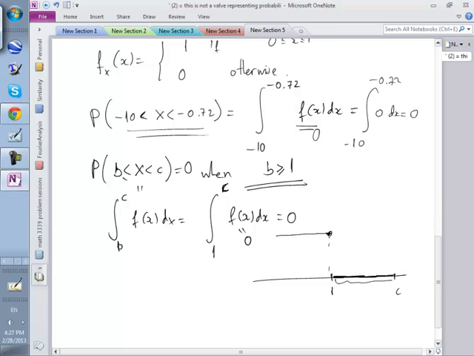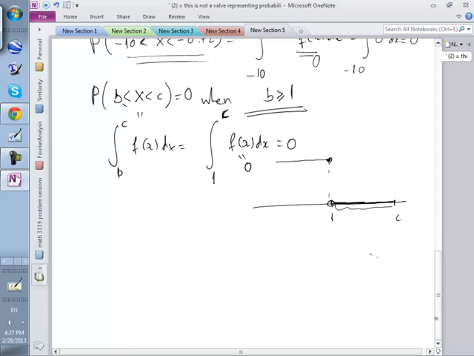Because the graph is this point, and this straight line here is flat, right on the x-axis, doesn't have any height. So there is no area there. Okay? So that's this integration.